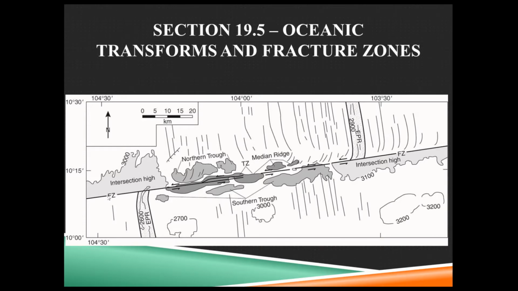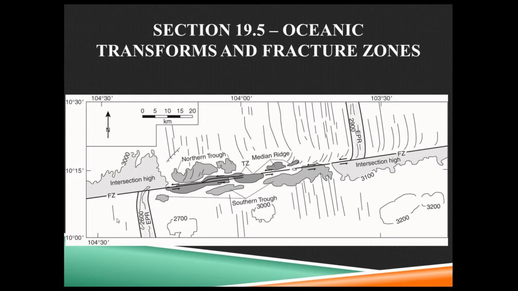But the key is that as you cross the fracture zone, you're still on the same plate. There's no plate boundary there. There's no current displacement even happening across that fracture zone, because this ridge and this ridge are going to be spreading at basically the same speed. So this part of this plate is moving west at, say, 3 centimeters a year.